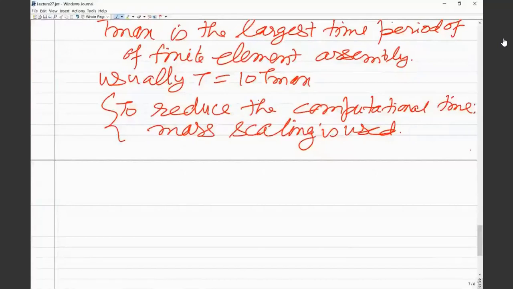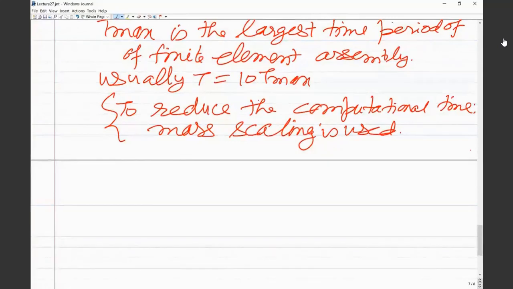If the kinetic energy in the solution is less than, let's say, 10%, or you can keep a range between 5 and 10%, depending on what criterion you want to use, then you can say that the solution is a solution of the corresponding statics problem. But if the kinetic energy contribution compared to the total energy is higher, then the solution may not be an accurate static solution.